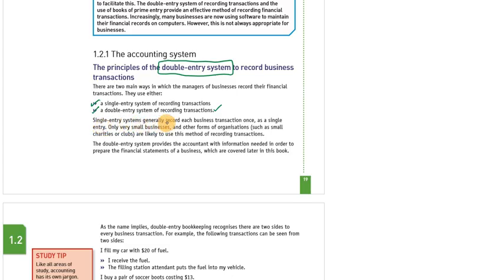Single entry system generally records each business transaction once as a single entry. Only very small businesses and other forms of organizations such as small charity clubs are likely to use this method, but most businesses use the double entry system. So we will focus on the double entry system. In single entry system we record one entry only. We will never record the second impact of the entry.